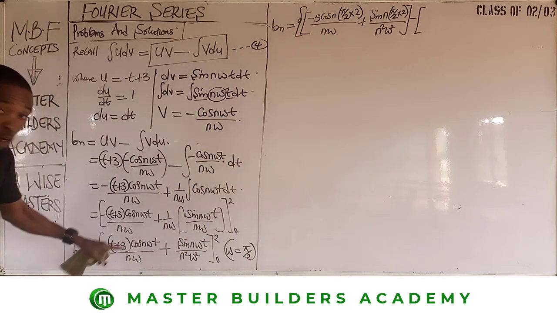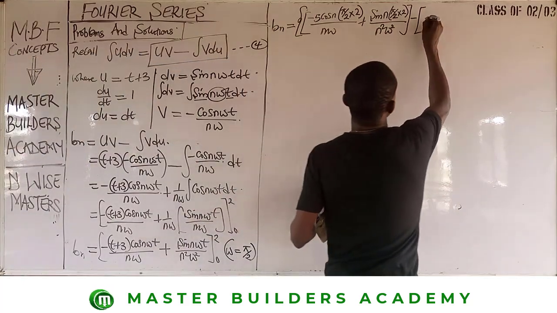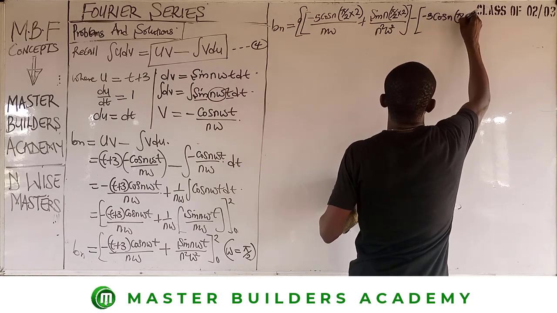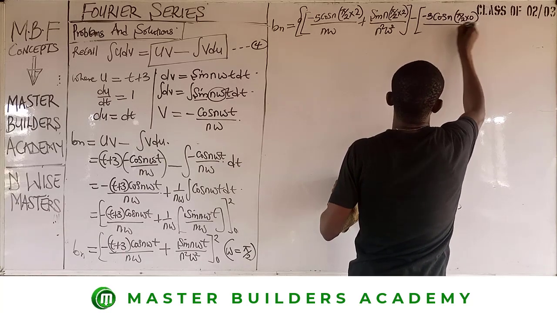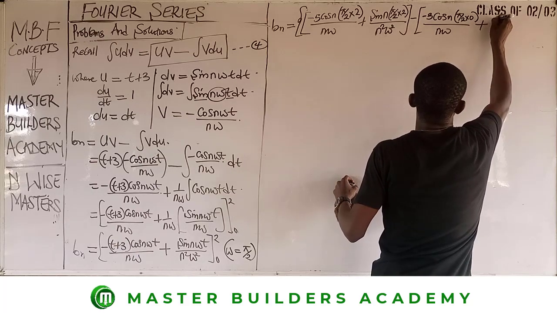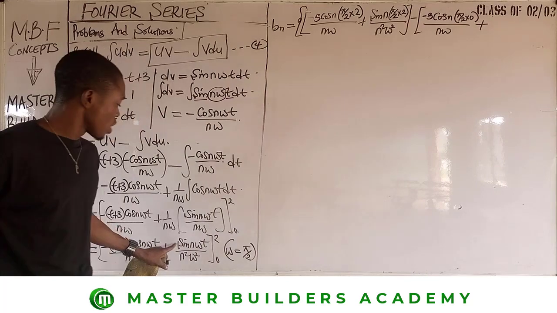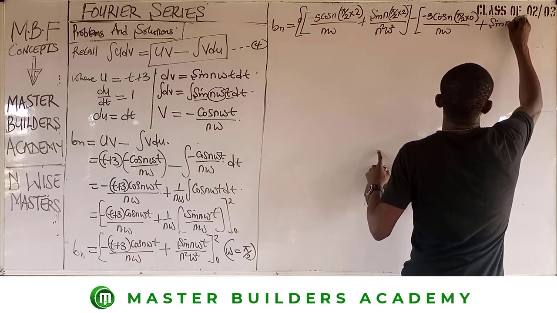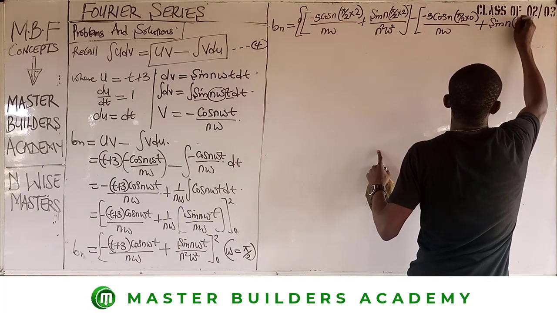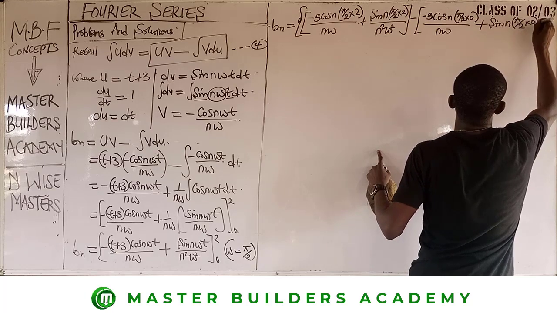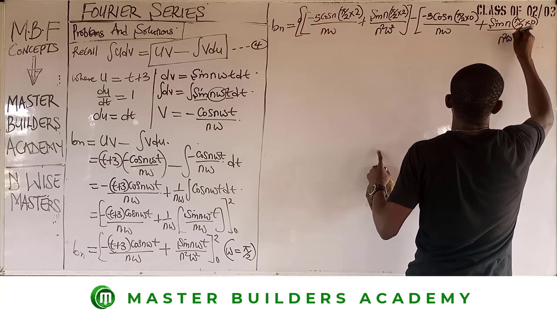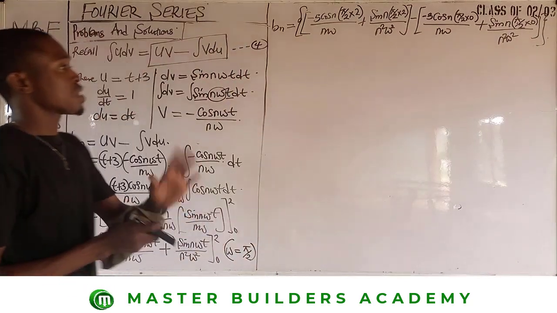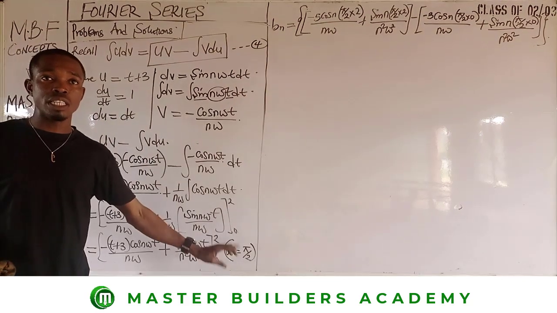So if we put 0 here, it becomes 0 plus 3, and this will give us negative 3 cos n into pi over 2 times 0 all over n omega, then plus sine n into pi over 2 times 0 all over n squared omega squared. So we have succeeded in putting in the values of the limits.